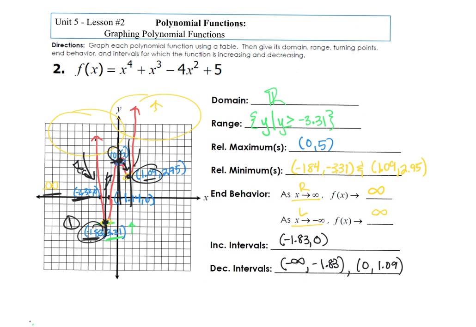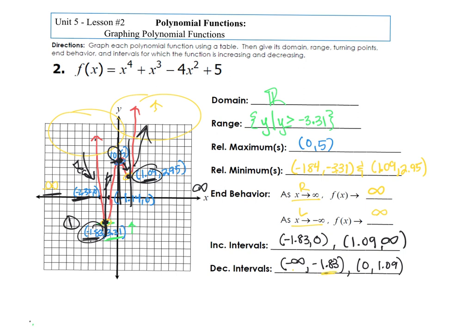And then we switch and we're going up, or increasing, forever after that. So we are increasing from the value 1.09 to the right forever, which is positive infinity. Notice we repeat values a lot. We always come from negative infinity. That's the first thing we write down. Positive infinity is the last thing we write down because it's the furthest right we could get.